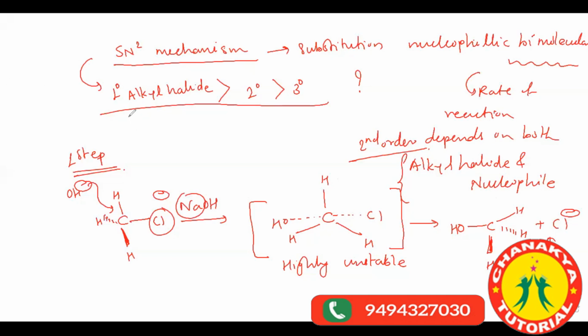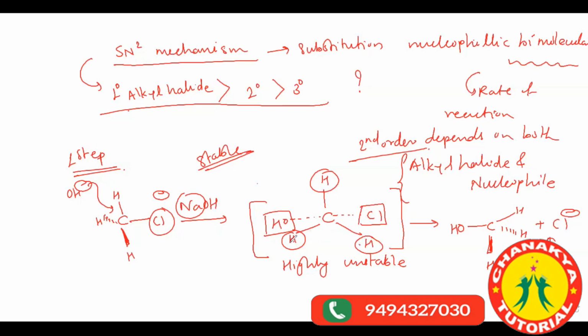But here, if it is a primary alkyl halide, your transition state would be more stable, because all hydrogens would be present, and only 3 atoms are present in the transition state. In the transition state, the incoming nucleophile is there, the outgoing leaving group is there, and apart from that, these 3 hydrogens are there.